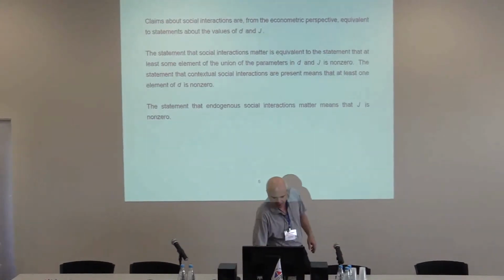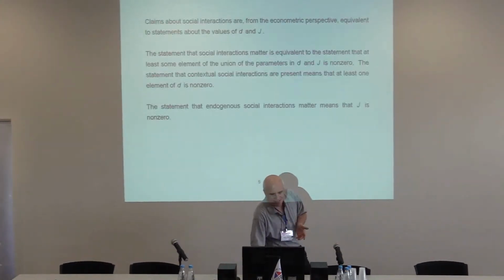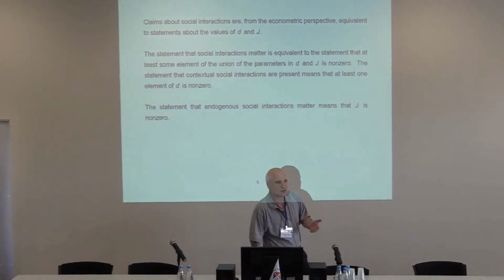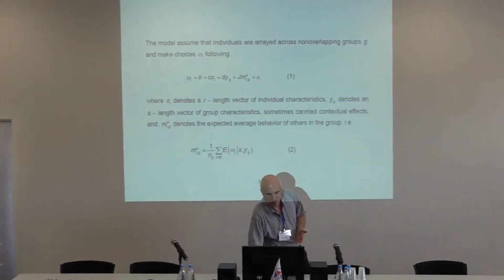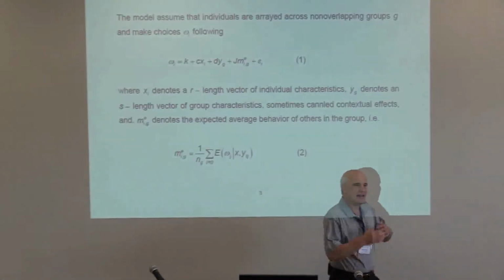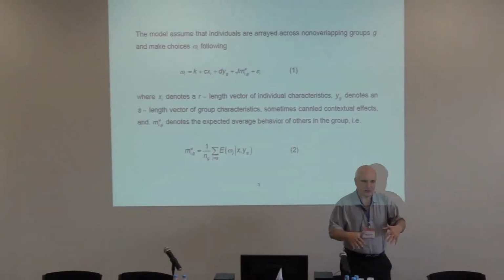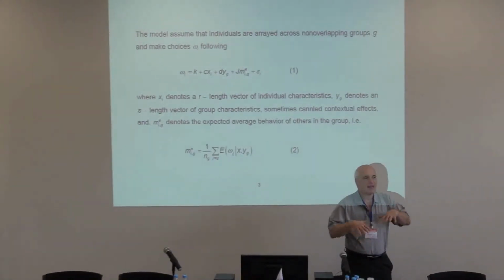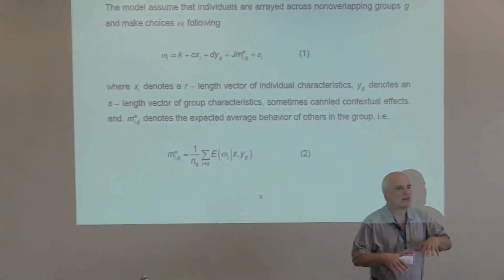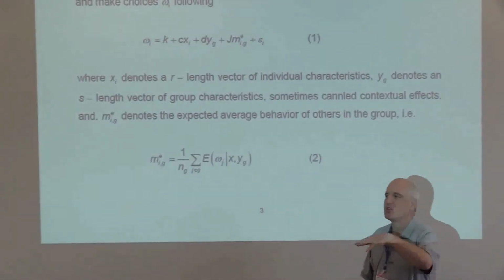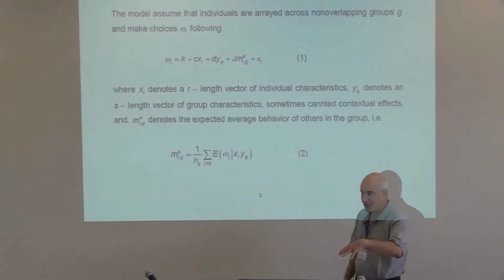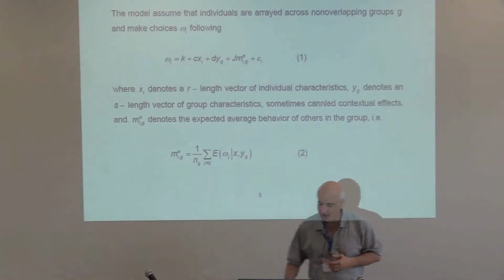All right, so what does it mean to say that there are statements about social interactions in the world? It's a statement that, conditional on knowing things about individuals at the individual level, information about higher levels of aggregation, about social aspects of the environments in which they live, have marginal explanatory power.